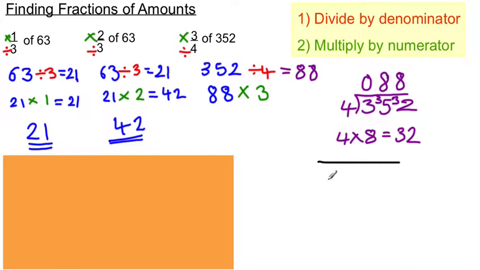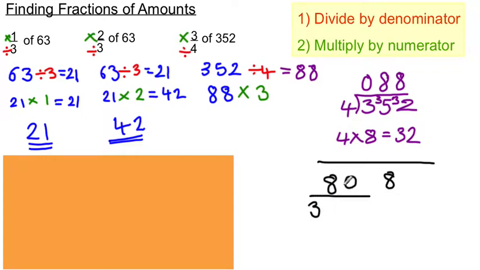So we can split our 88 up into an 80 and an 8, and we need to multiply that 88 by 3. So we have 88 there, my 3 there, and I need to multiply it all together.